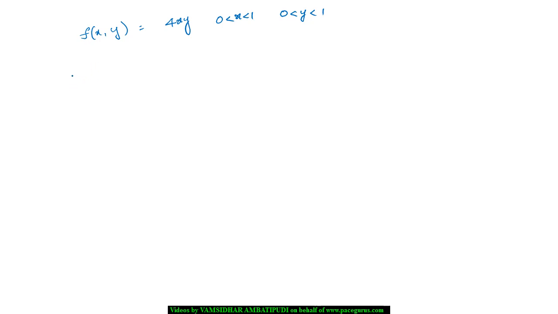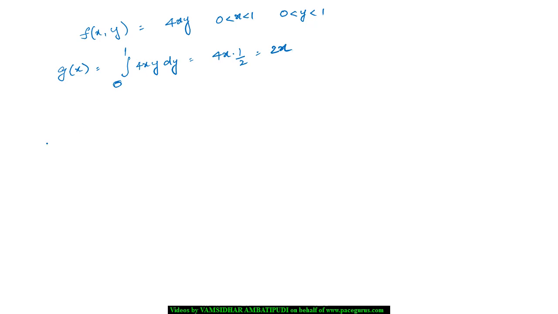So I want to find out the marginal density of x, g of x. The marginal density of x means I have to integrate across all y. So I integrate 0 to 1 of 4xy dy, which will work out as 4x times y squared by 2, which is 1 by 2, which will give me 2x. 2x is the marginal density of x.